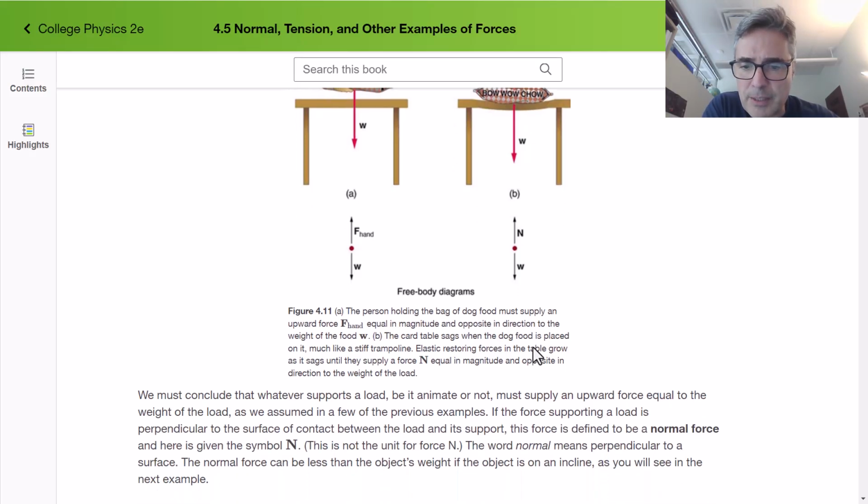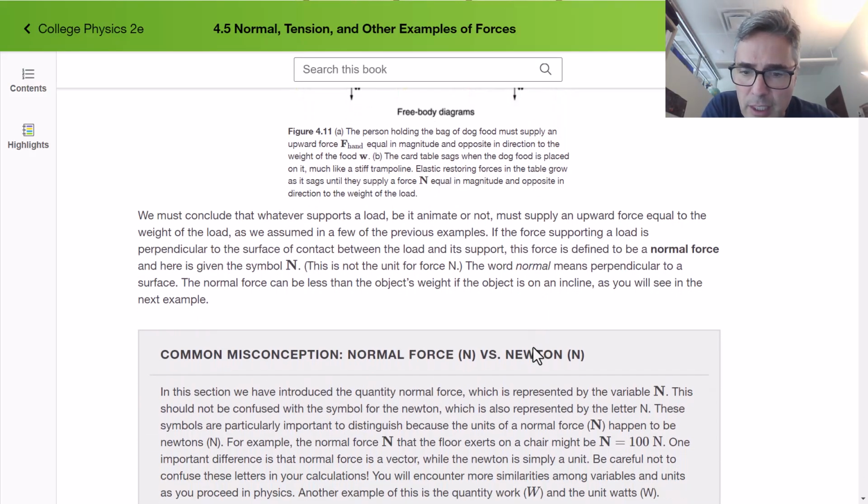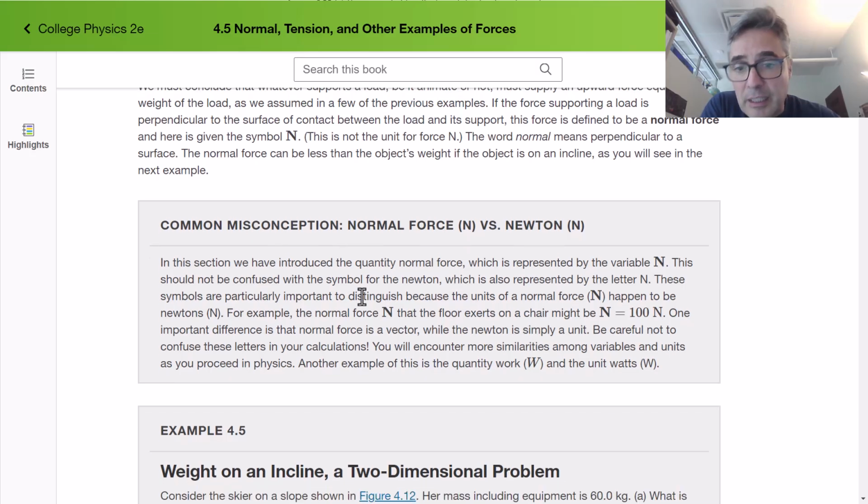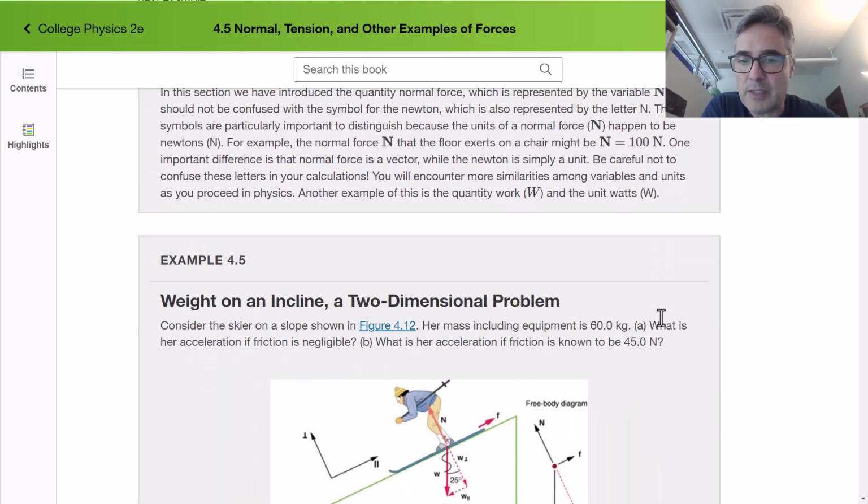So they're often the same magnitude when things are not accelerating and the surface is perpendicular to up. It asks you to be careful that the capital letter N is used for the normal force, and it's also used for the units newtons, so that's kind of a problem.